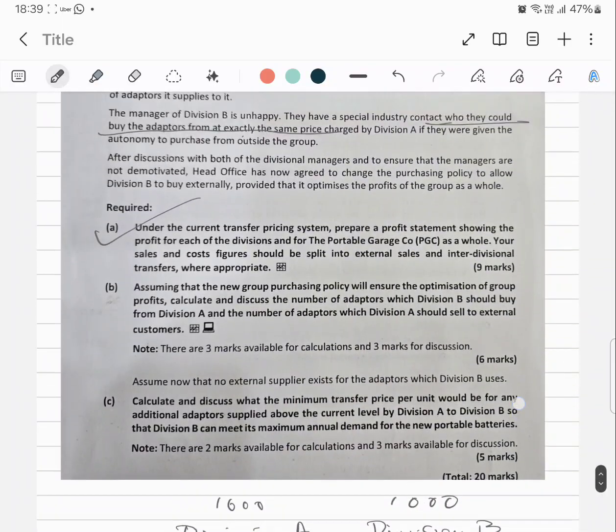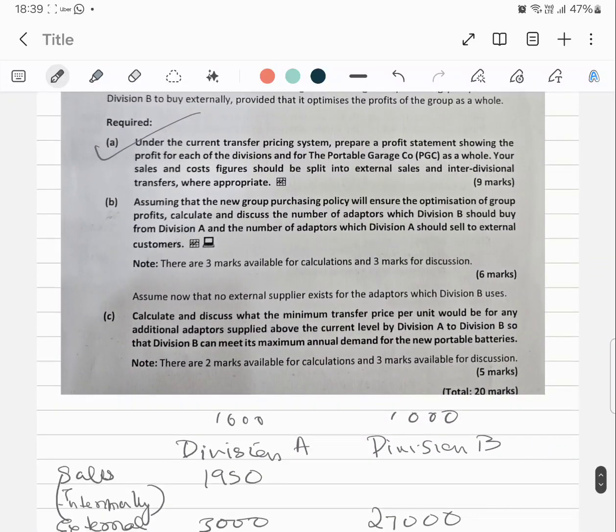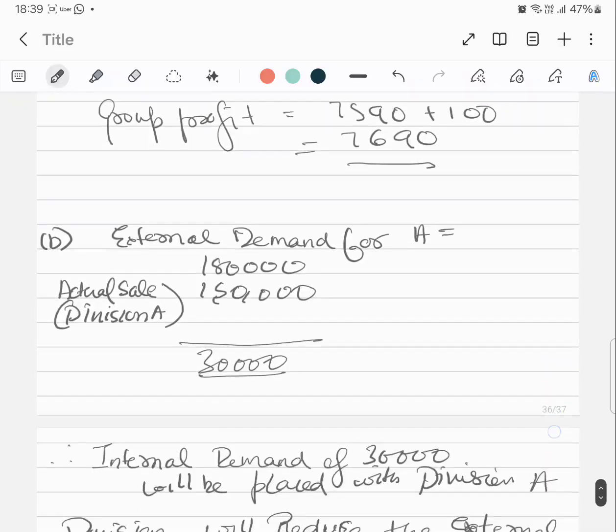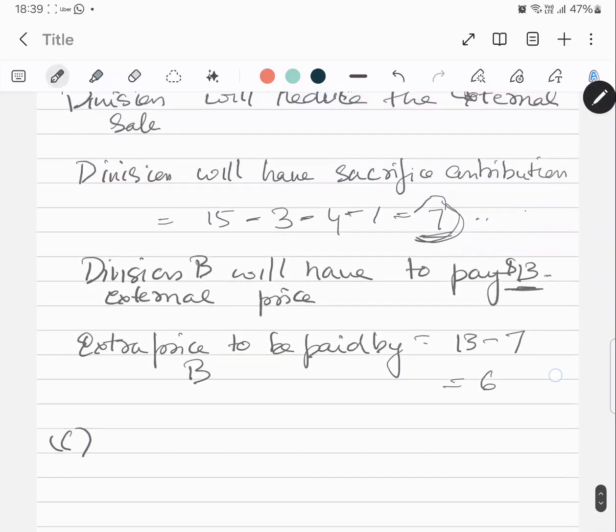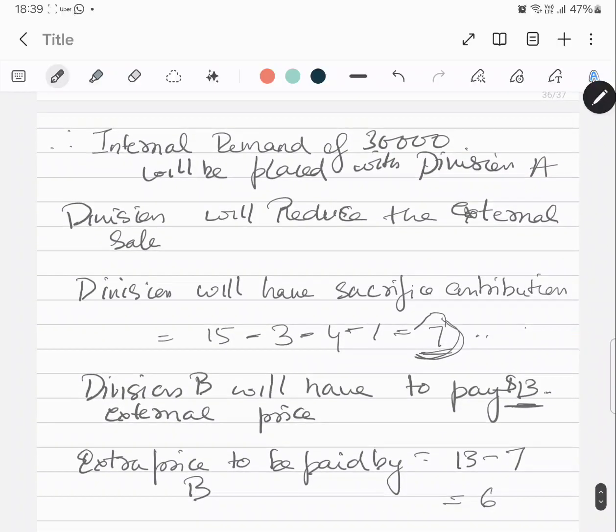Now let's come into C part. It is asking us to calculate and discuss what minimum transfer price per unit would be if any additional adapter is supplied from the current level by division A to B. See, right now in this part we have calculated what extra cost it will have to bear if the demand is met from the external supplier.